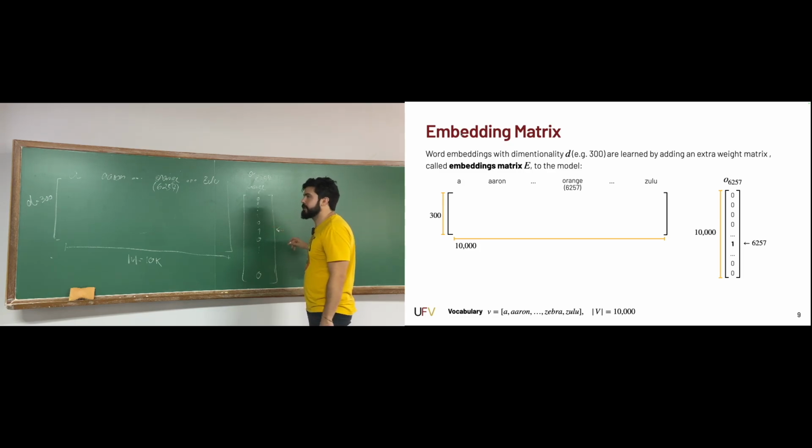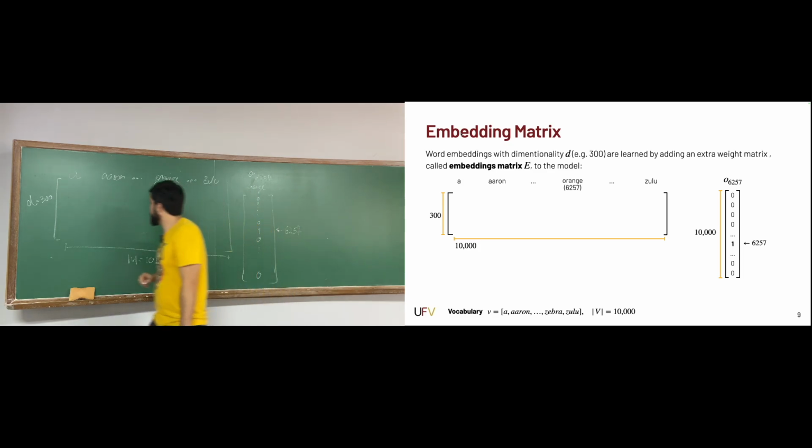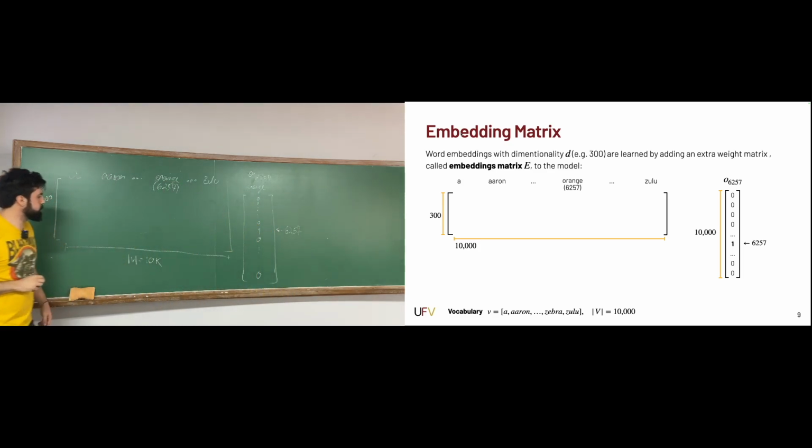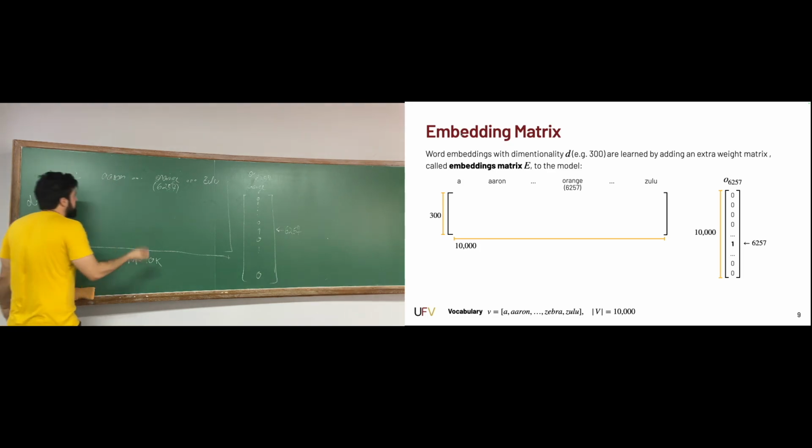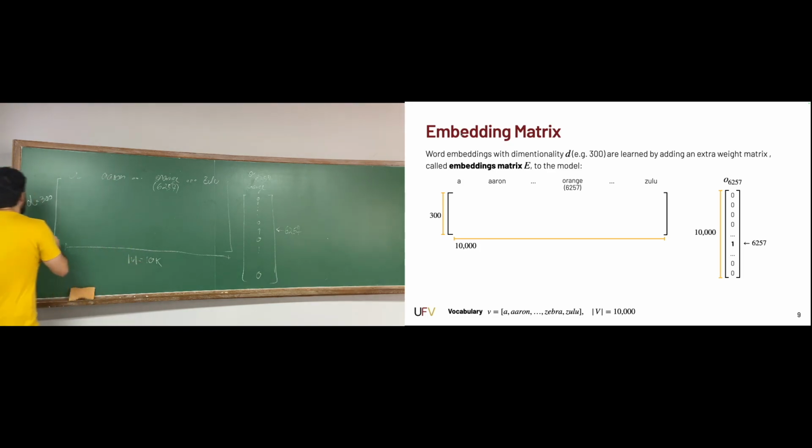And the value 1 would be in dimension 6,257. Okay, that's all you need to do to learn this matrix. And this matrix here is called the embedding matrix. Okay, we normally denote it as E.